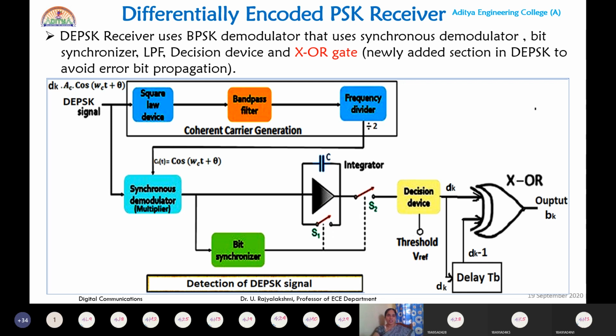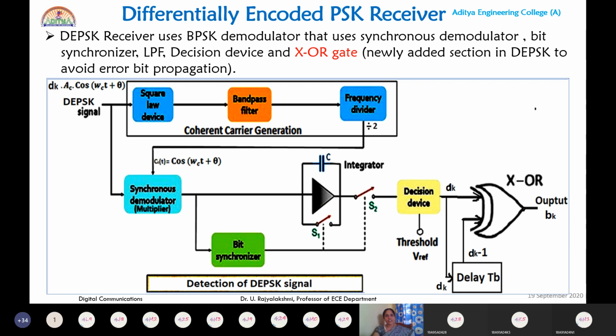But here, we don't have any such problem. Polarity recognition is not needed because it has only one polarity, and for 0, the output is 0. So the polarity problem due to the square law device in the BPSK receiver we can overcome, because we are assuming the input as unipolar.